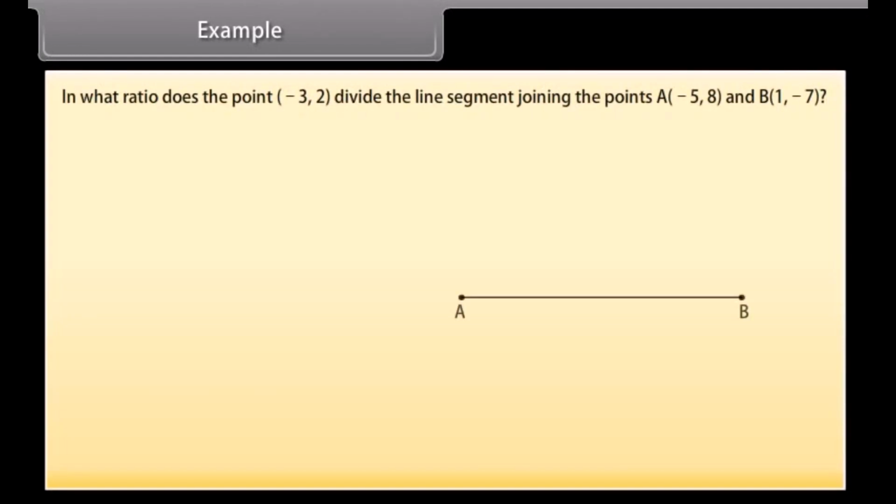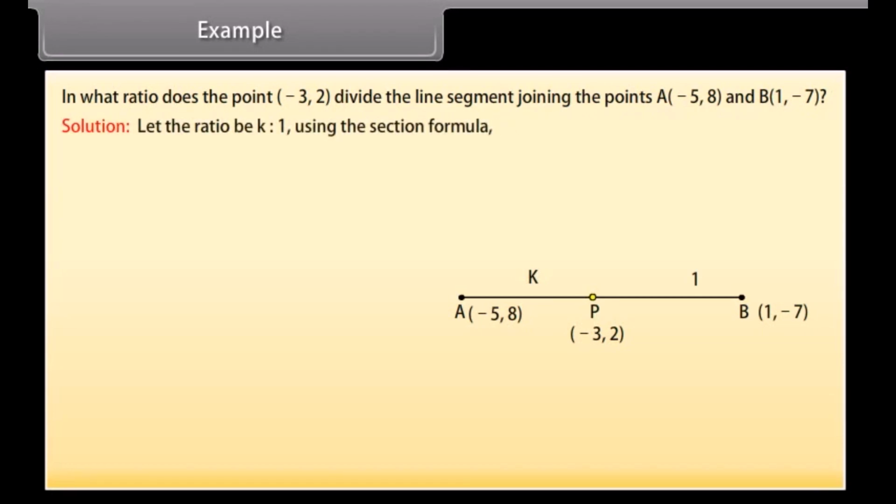Example. In what ratio does the point (-3, 2) divide the line segment joining the points A(-5, 8) and B(1, 7)? Solution. Let the ratio be k:1. Using the section formula, (-3, 2) is equal to (k minus 5) by (k plus 1), (-7k plus 8) by (k plus 1).